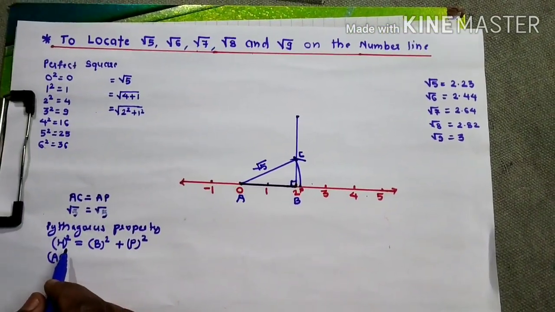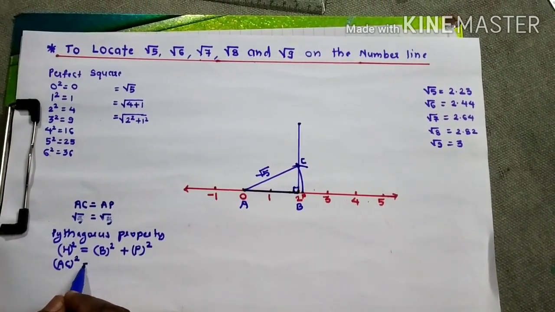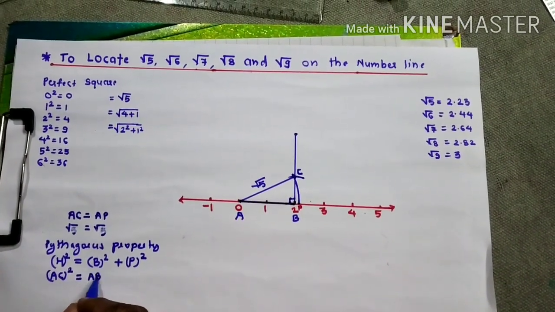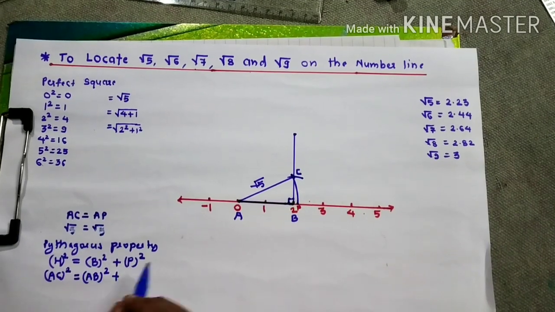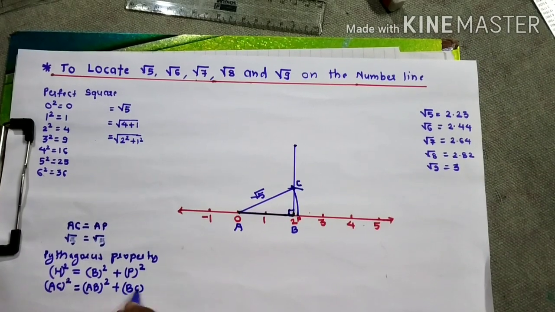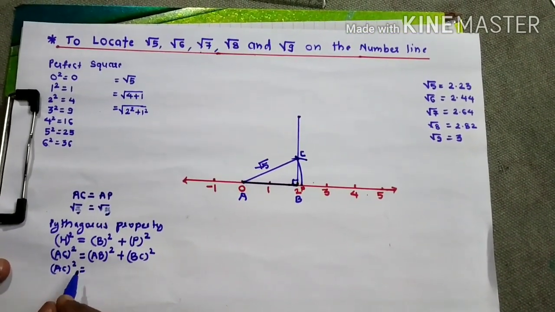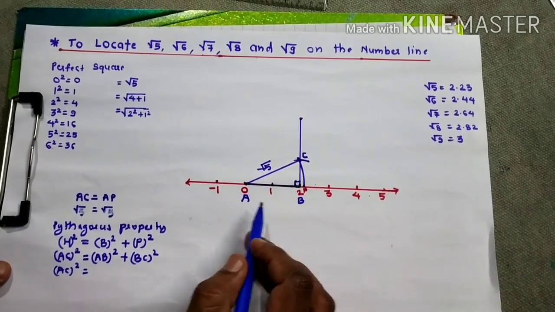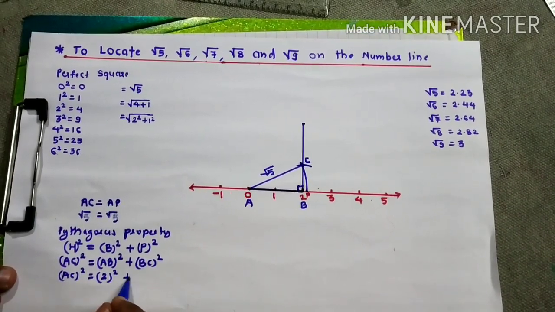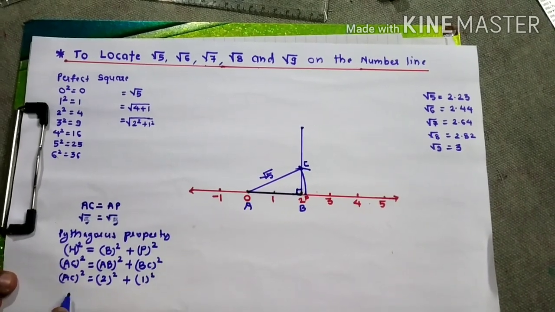So the hypotenuse is side AC. AC square is equal to base AB square plus perpendicular BC square. AC square is equal to AB, how much distance have we taken? 2 units. So 2 square plus BC, we have taken 1 unit, 1 square.